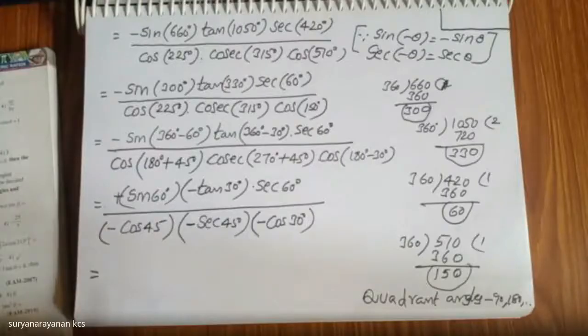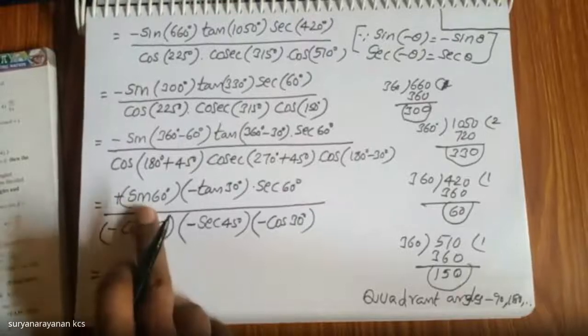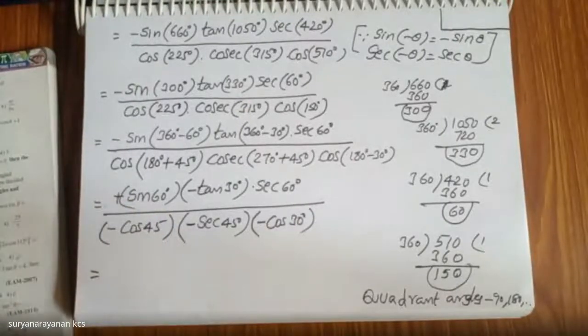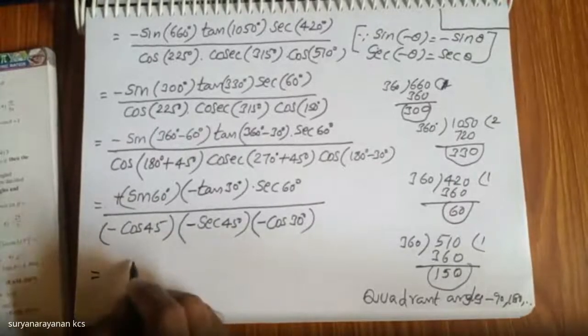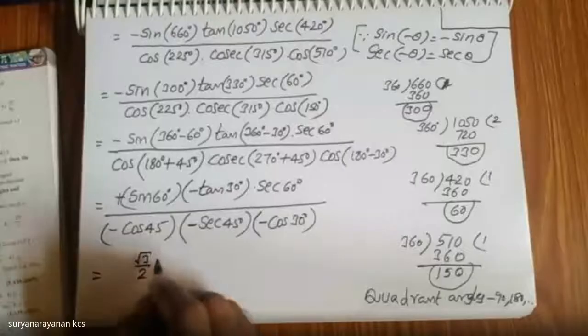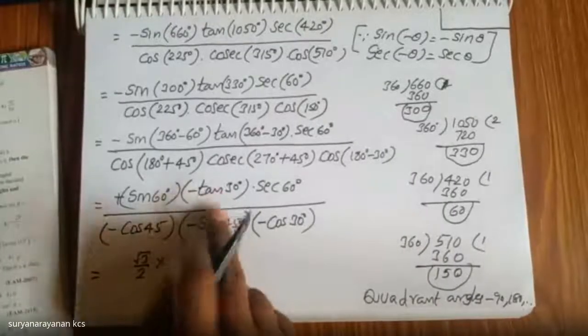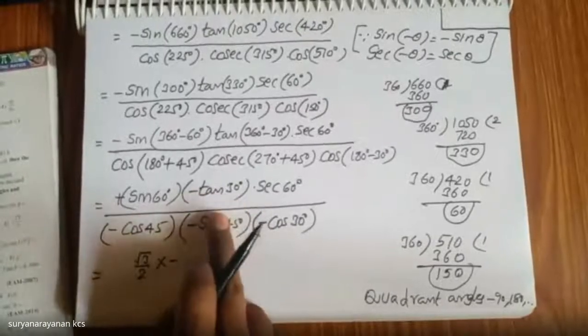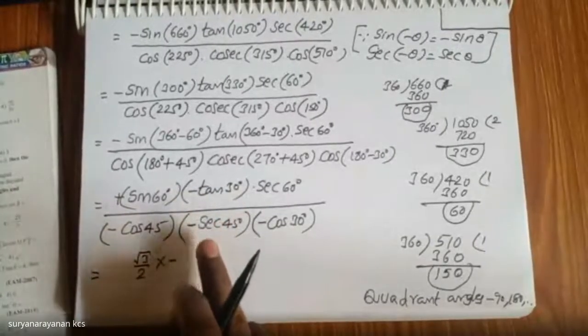Then simplify here. What is the value of sine 60 degrees? Root 3 by 2, sir. Root 3 by 2 into minus tan 30 degrees. What is the value of tan 30 degrees?